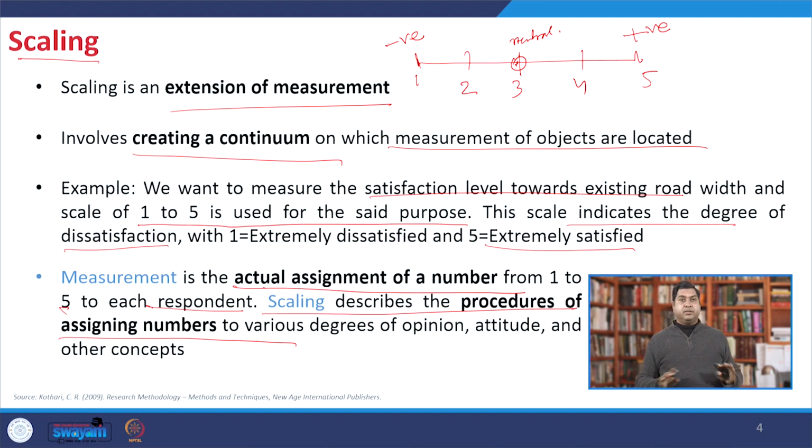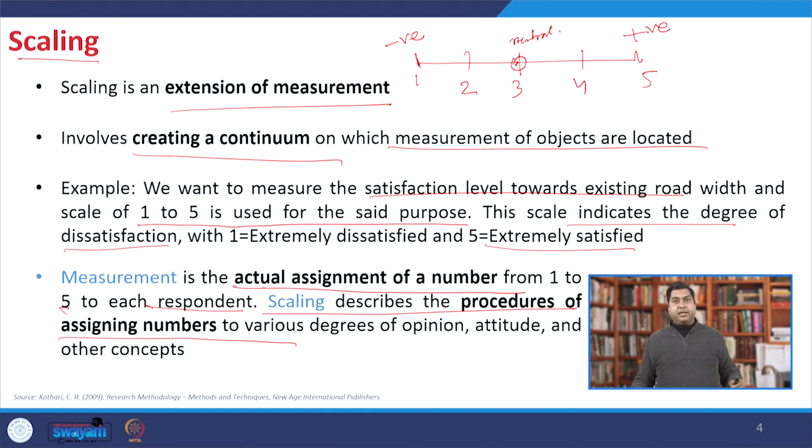Let us understand this particular statement. Measurement is the actual number. So 1, 2, 3, 4, 5, these are the numbers, right? These are the measurements. If I get a response like 2 or 3, I record it.